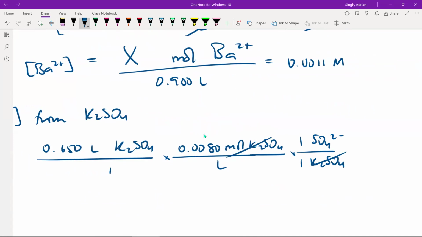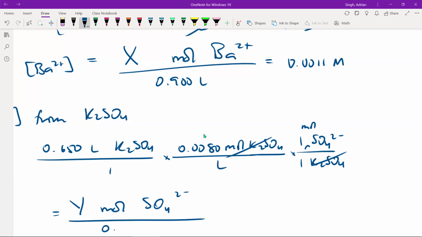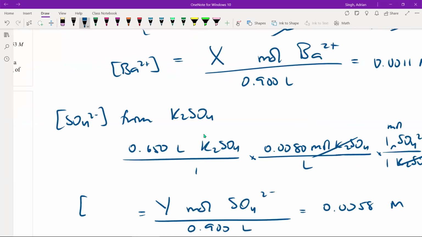So there we end up with, let's say Y moles of the SO4 2- ions. We're going to divide it by the total volume, which is the same, 0.900 liters as above. That's going to give 0.0058 molar for the sulfate ion.